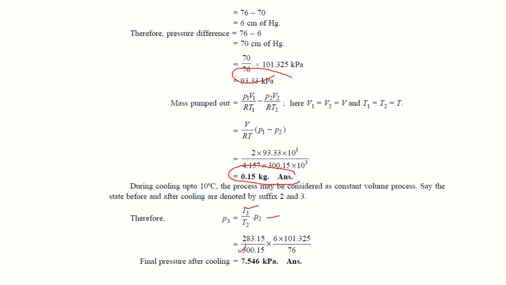P2 is known, so we can find out P3 using this relationship. The only thing is I am assuming this is a constant volume process and pressure is directly proportional to temperature.